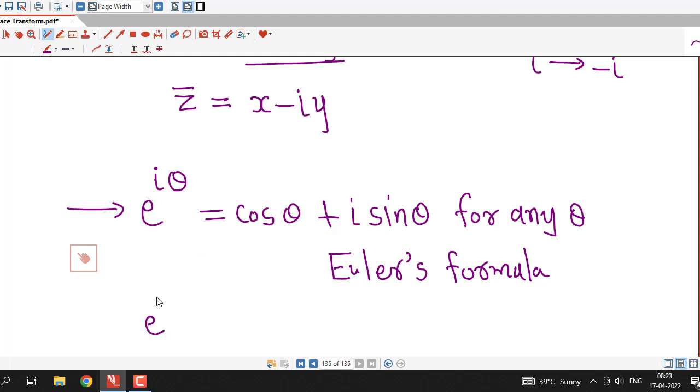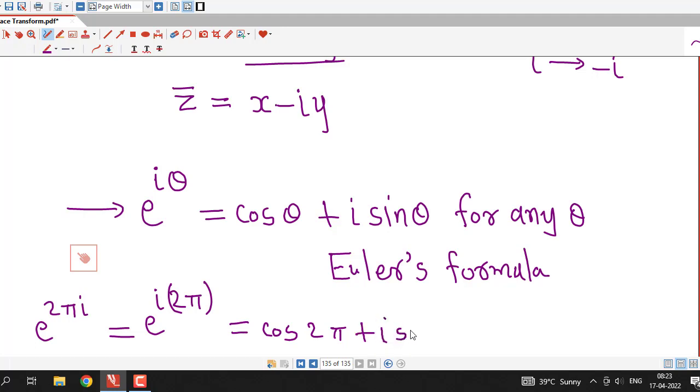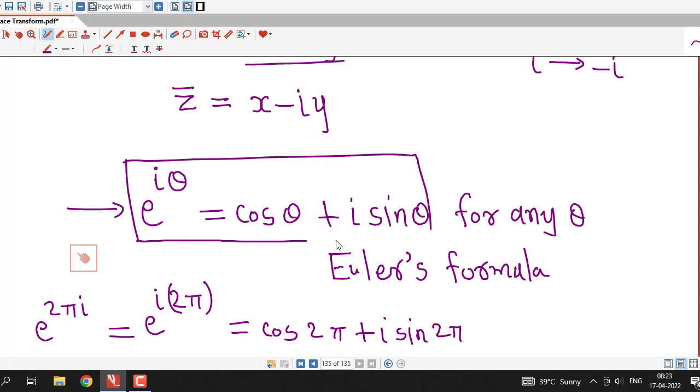Suppose I want to write down e raised to 2 pi i in terms of cosine and sine, then first I will write e raised to 2 pi i as e raised to i into 2 pi, that is cos 2 pi plus i sin 2 pi. So we will remember this formula also, e raised to i theta equal to cos theta plus i sin theta.